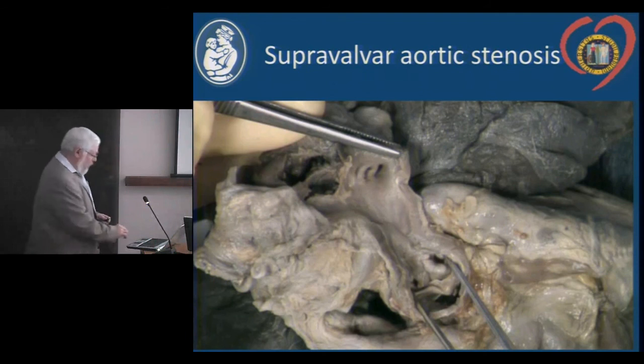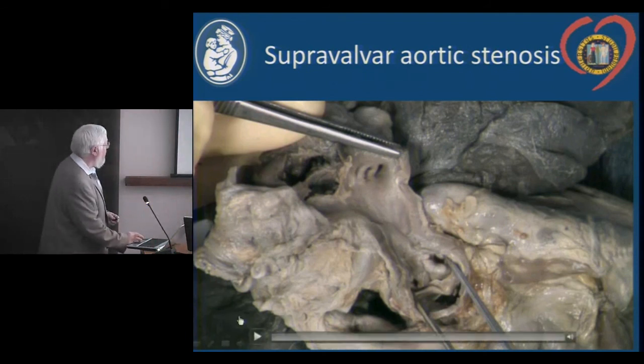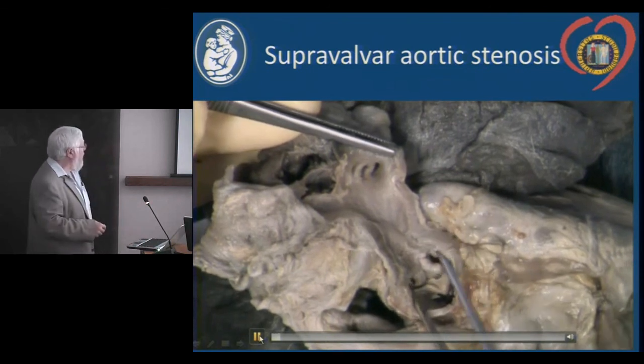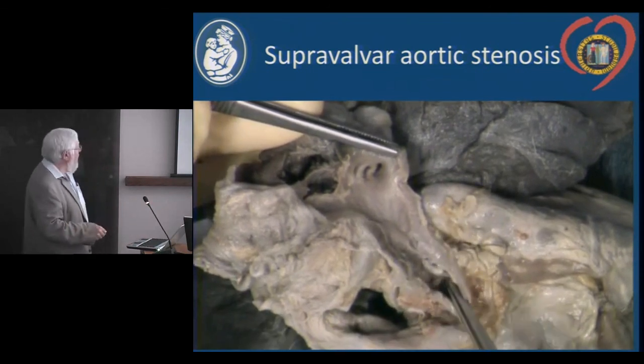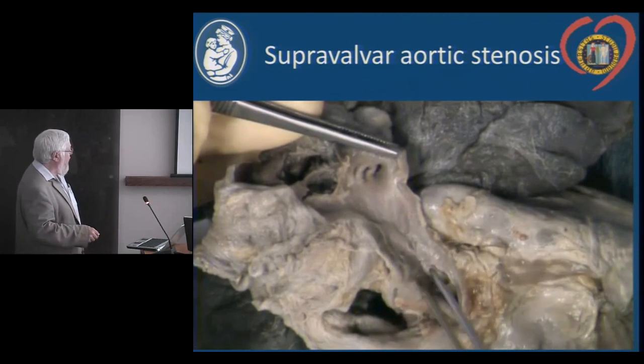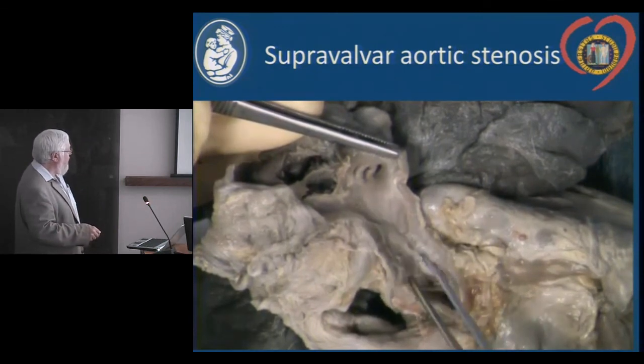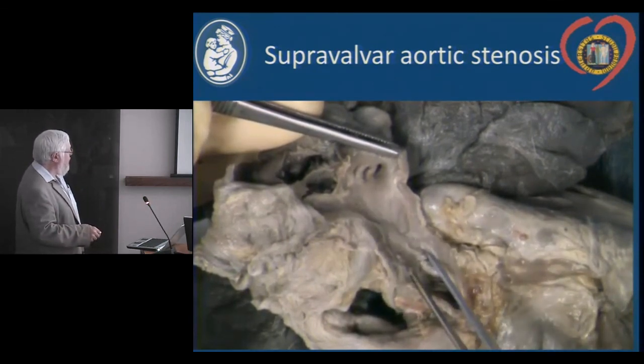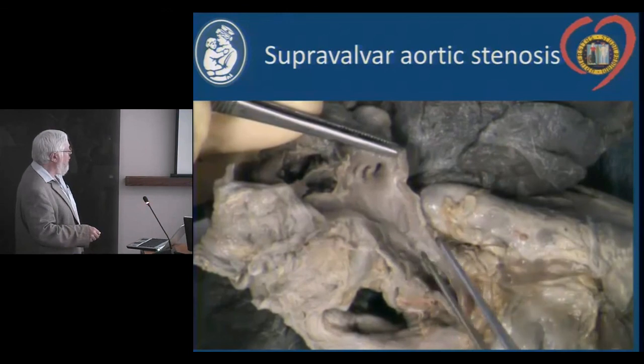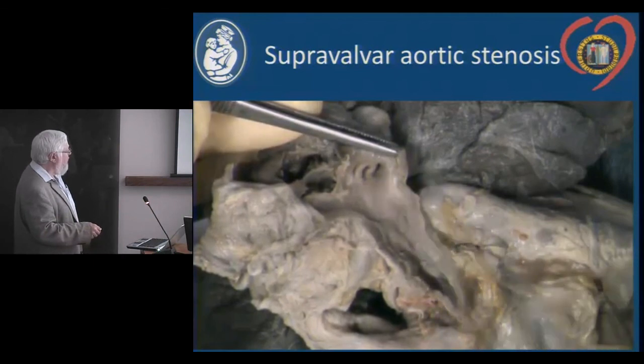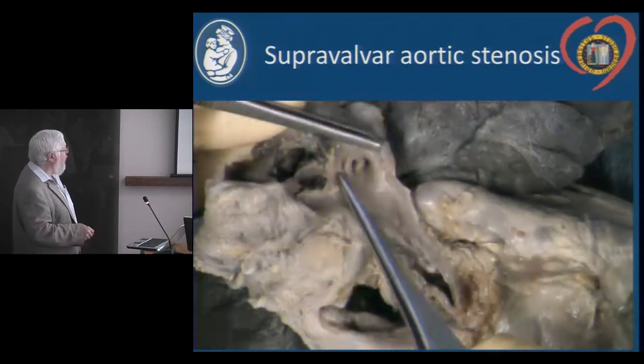So let's just look at one example of supravalvar AS, and then we'll move on to the next. Here's the opened ascending aorta. This is the aortic root down here with the valve, and here you see the sinotubular junction, and you can see that the primary narrowing is right at the sinotubular junction. Look how thick the sinotubular junction wall is and how thick the ascending aorta wall is.